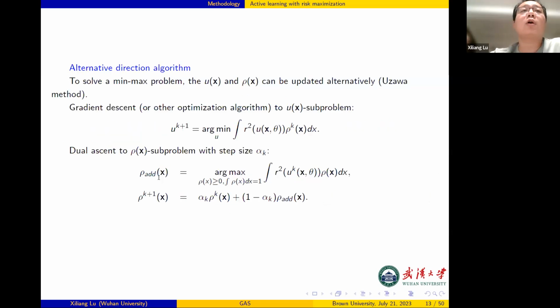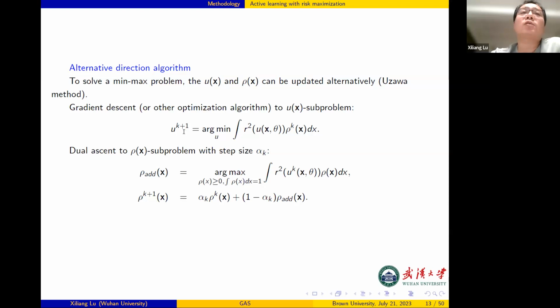To solve this kind of minimax problem, the most popular way is to update alternatively, called the Wuhan method. That is, we update u and rho separately. If we have the rho, then we can update u by gradient descent or other optimization methods. Because we have a square quantity, it is not hard to find a good approximation of u^{k+1}.